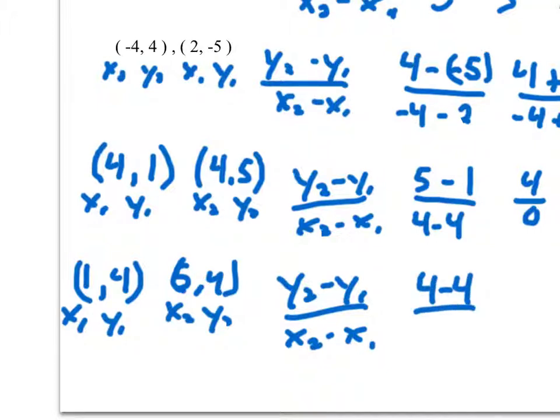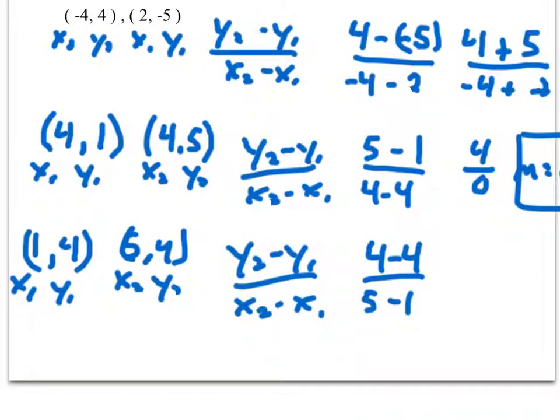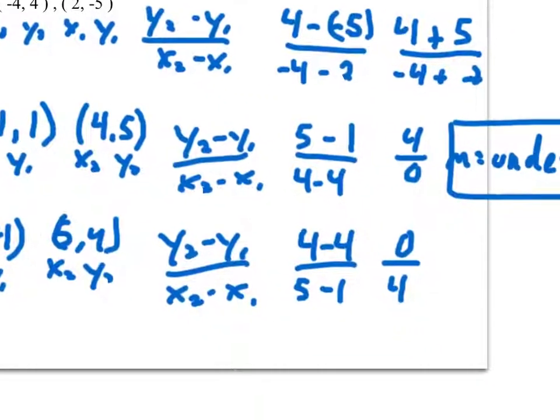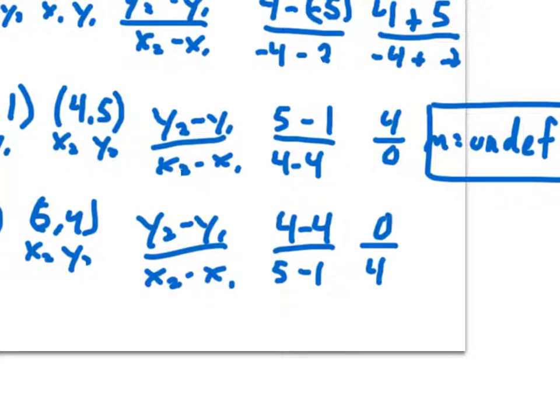So I get 4 minus 4 on top. On the bottom, my x2 is 5 minus my x1 is 1. 4 minus 4 is 0. Over the bottom, we get 4. Anytime 0 is on top, that means my rise is 0. So that's going to be a flat line like this with no rise. Okay? Remember what kind of slope those have? Well, 0 divided by 4 is just 0. So m equals 0. Or I could say that's no slope.